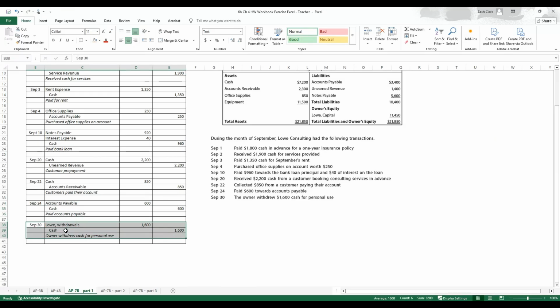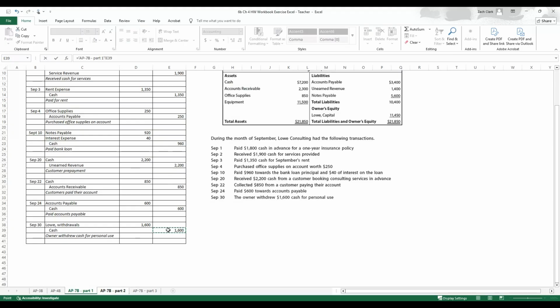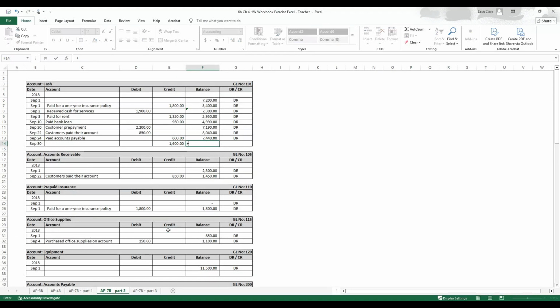And our final transaction here was a withdrawal with cash being reduced as the one component for 1,600. So that will reduce with the credit to bring us to $5,840. We still have a debit balance, so this 5,840 is a debit.